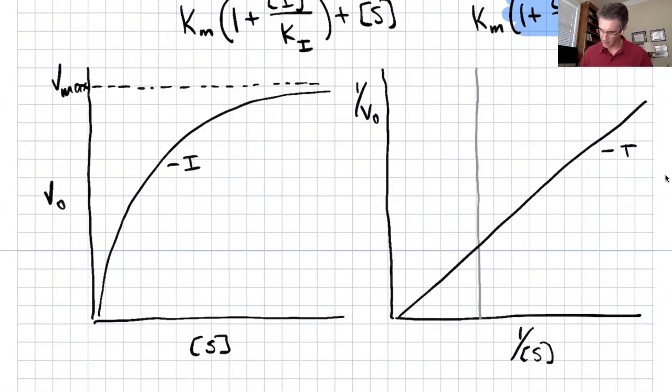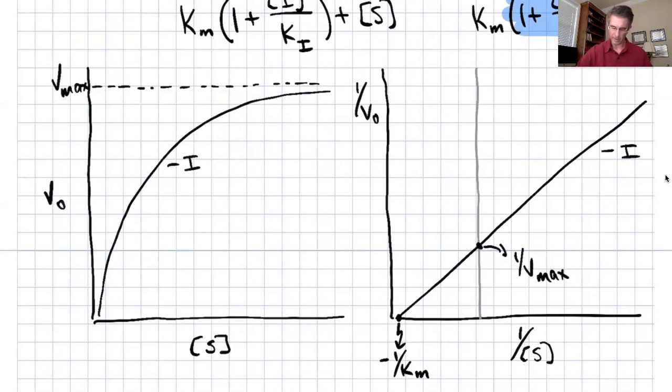Again, minus the inhibitor. Remember over here on the Lineweaver-Burk plot, we've got that -1 over the Km point. And here we've got the 1 over Vmax spot on the intercept.